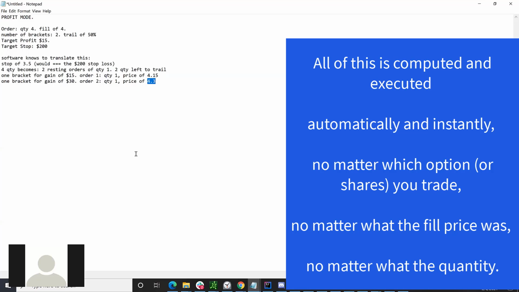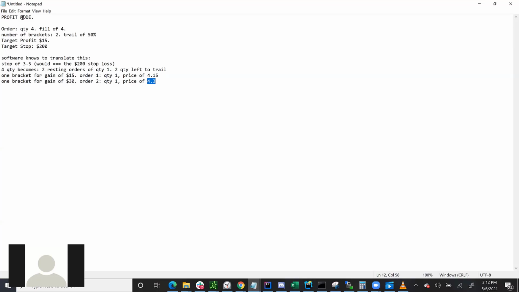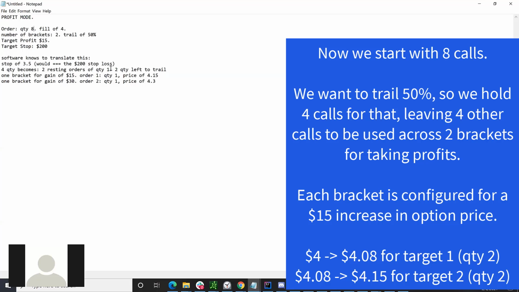Okay, great, so the math makes sense. If you change this to 8 quantity, it will be smart as well. It will change the trail to 4, and you're going to have 2 resting orders of quantity 2, quantity 2. So that becomes 4 plus 4 equals 8, and your price would change like that.